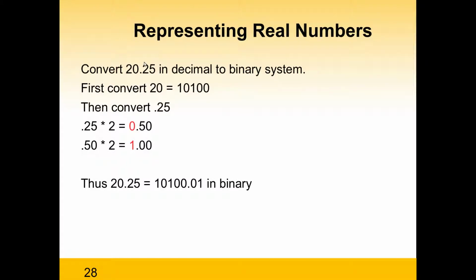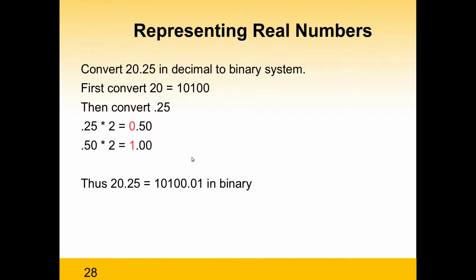Then we need to convert the fractional part, which is 0.25, and the way to do it is by multiplying by 2 each time. You take the 0.25, you multiply by 2, and it gives you 0.50. 0 is the significant digit. Then you take 0.50 and multiply by 2, and you get 1.00.